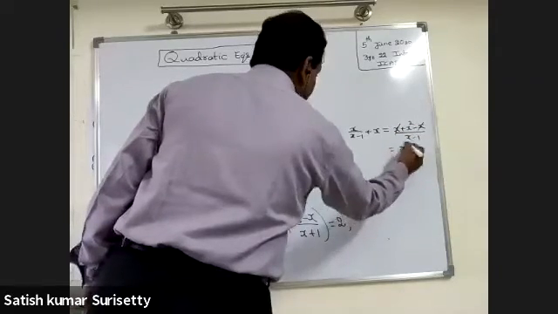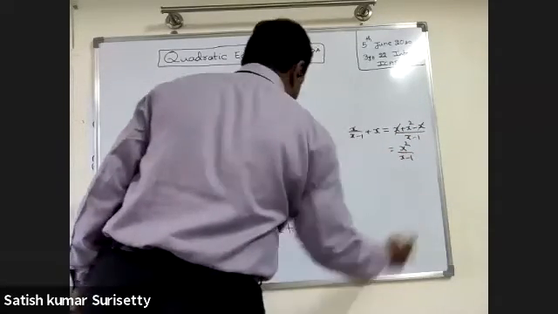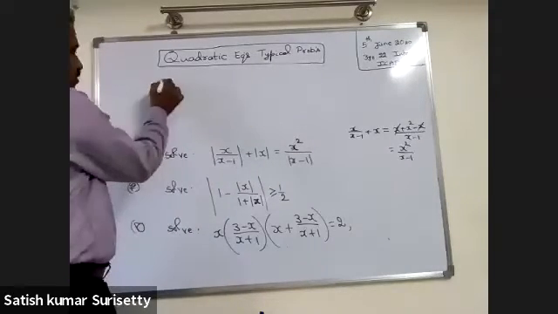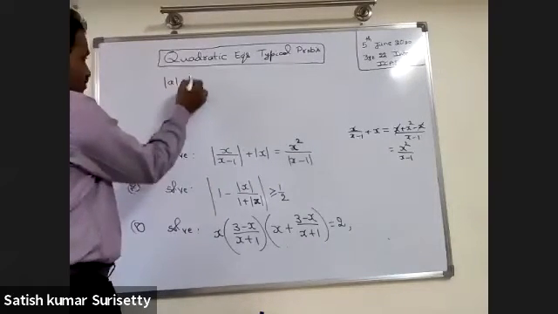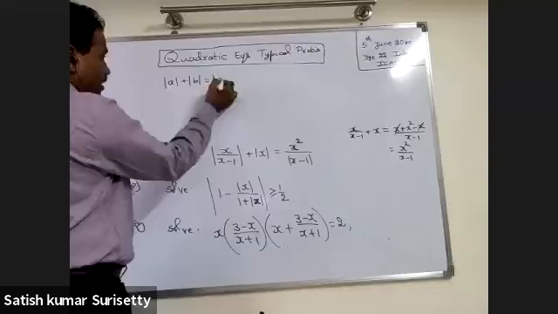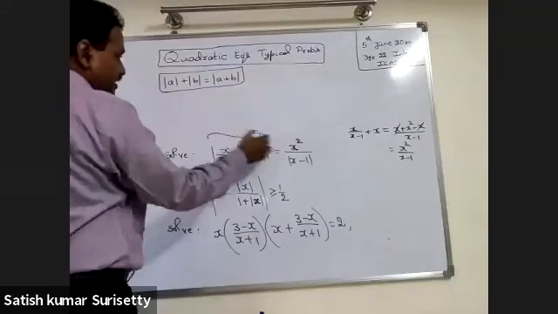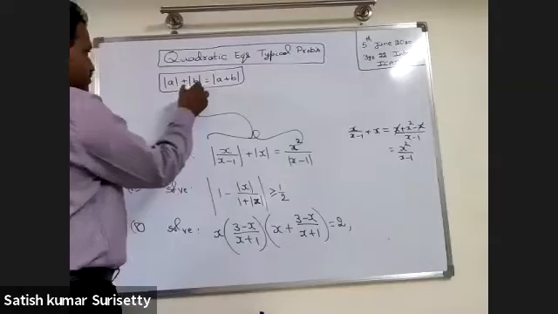That means you are getting x square upon x minus 1. That means now this is in the form modulus of a plus modulus of b equal to modulus of a plus b. So this entire equation is in this form.